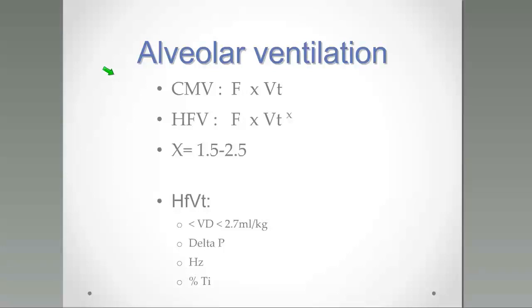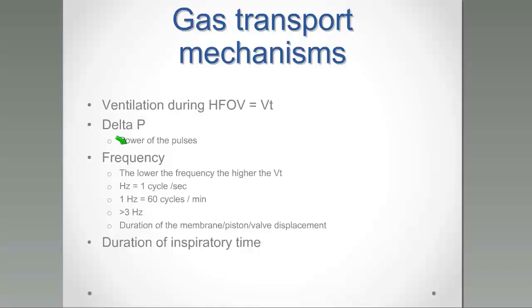So minimal changes in the tidal volume during high frequency ventilation are going to induce bigger changes in the PCO2. So this is another important thing. High frequency ventilation many times, and probably all the time, is more efficacious to ventilate a patient than conventional mechanical ventilation. And remember that the tidal volume during high frequency ventilation is directly related to delta P.